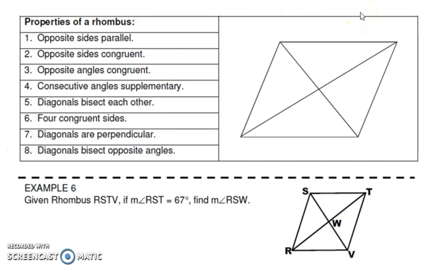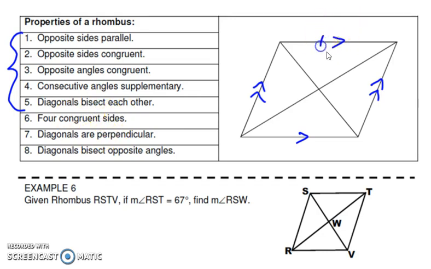All right, so properties of a rhombus. Again, we have the same first 5 properties that we did with a parallelogram. Opposite sides are parallel. We also have opposite sides congruent. But when I look down at number 6, not only are opposite sides congruent, I have 4 congruent sides.